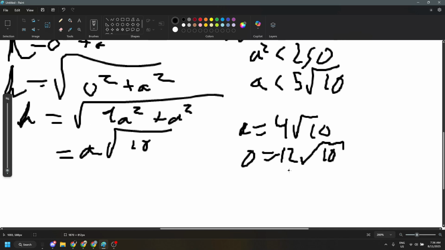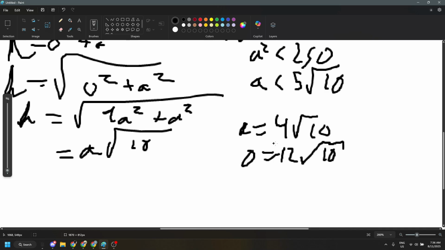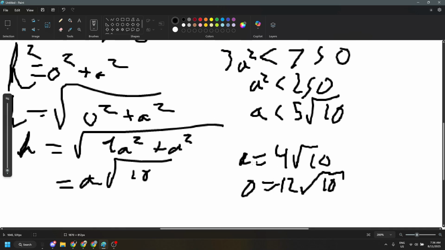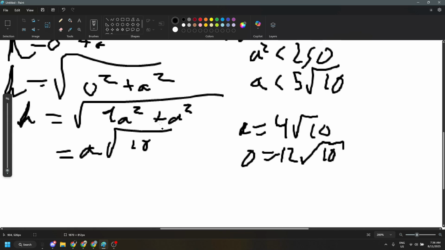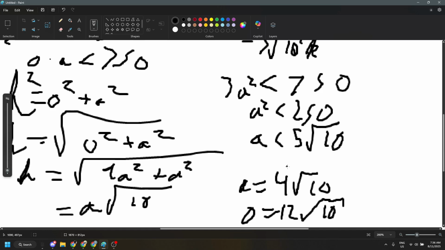O times A is 480 times 10, which is, wait, what? 480. This is 750. If I made this 5, this would be 15, and 5 and 15 is 750.